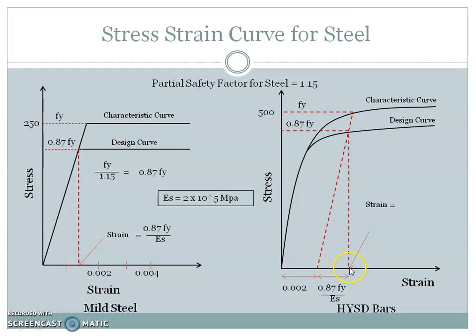From here to here, it will be 0.87 Fy upon Es. This particular triangle is similar to this particular triangle, wherein this strain is equal to 0.87 Fy upon Es. We have already calculated it. So this particular triangle or this area will behave exactly like mild steel. This value is equal to 0.87 Fy upon Es that we have derived from this particular equation.